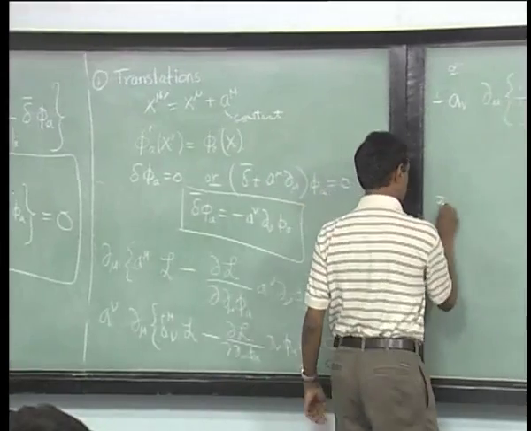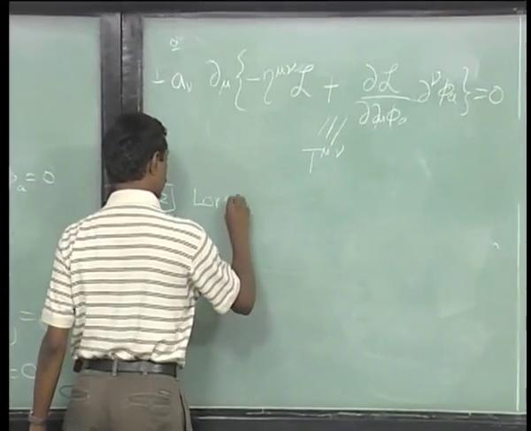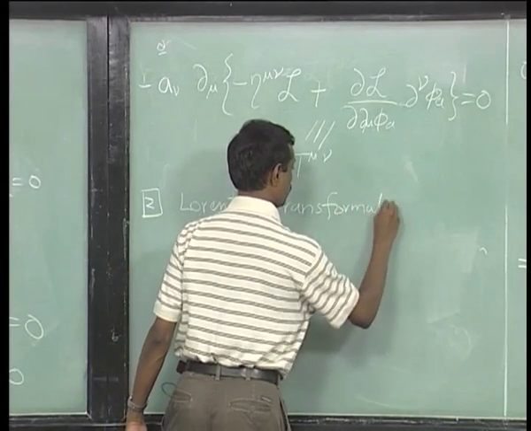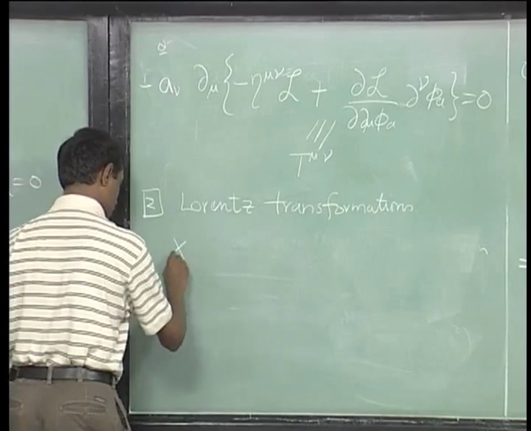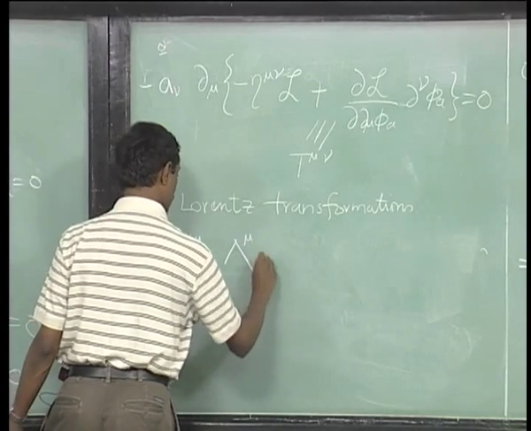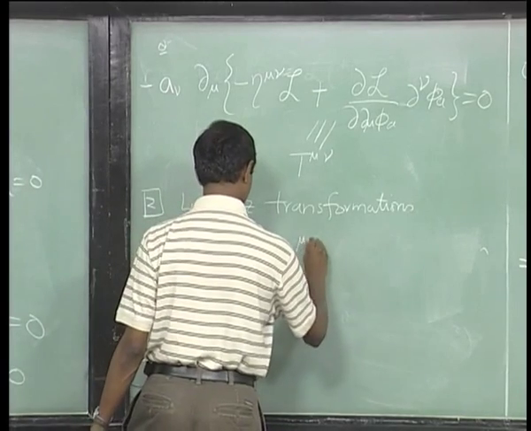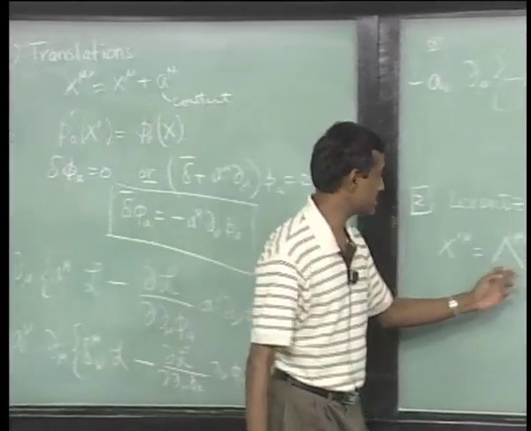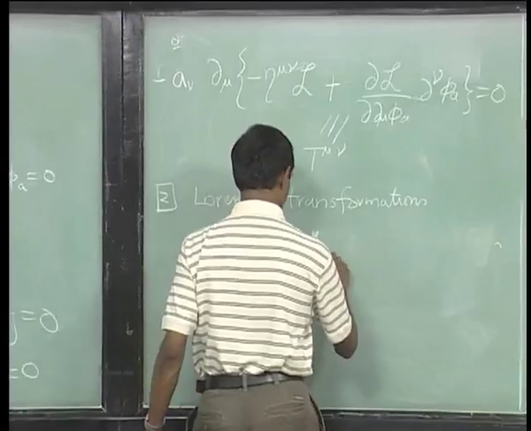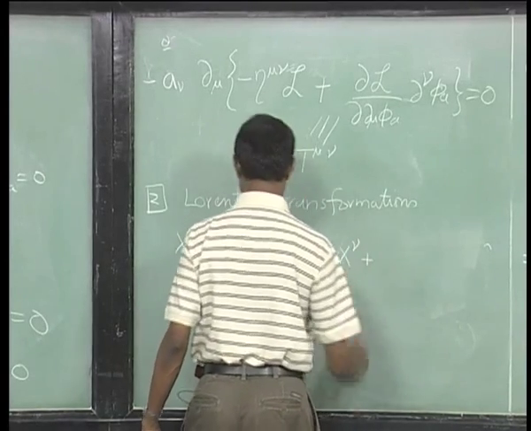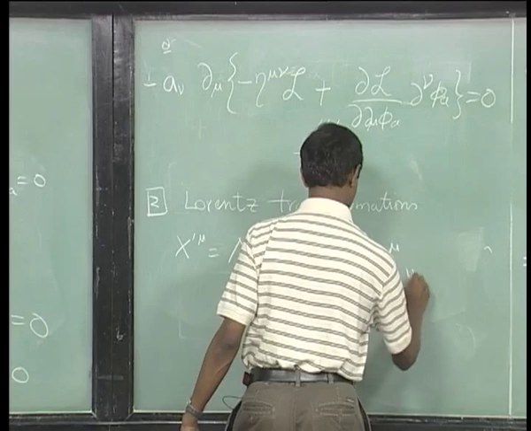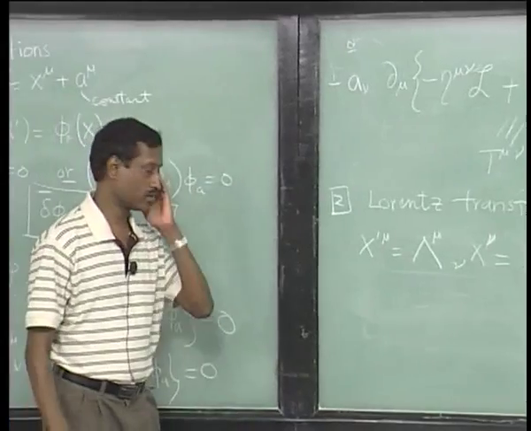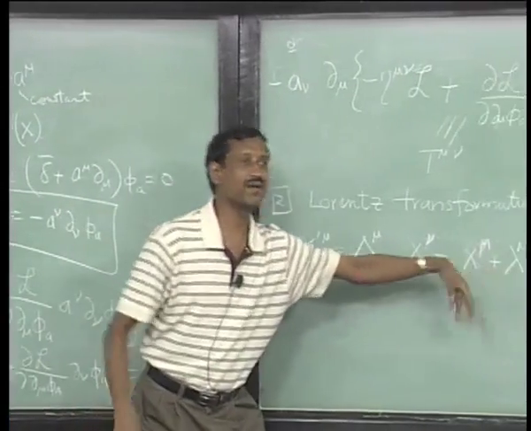The second one is Lorentz transformations. So x prime mu is lambda mu nu x nu, but we are only interested in infinitesimal things, and we saw last lecture that I can rewrite this, and now this lambda itself is of order lambda squared.